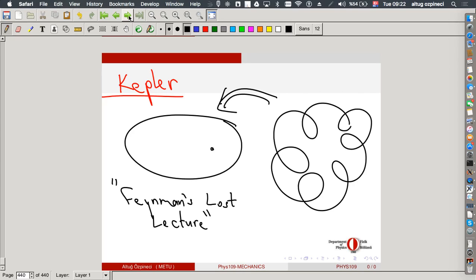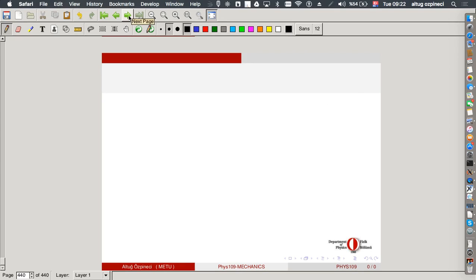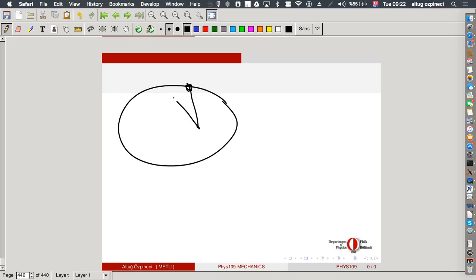Now, the second law just says that, so this is the trajectory of a planet, and you just follow this planet. So let's say at some time it's at this point, at the next time it will be at this point, after delta t, and you just look at the position of that planet at different times.